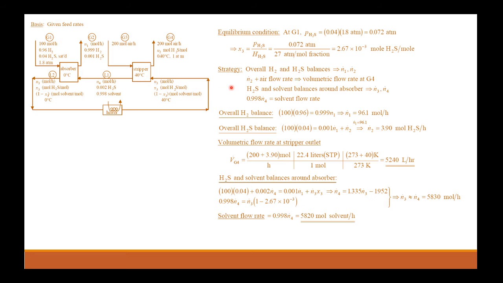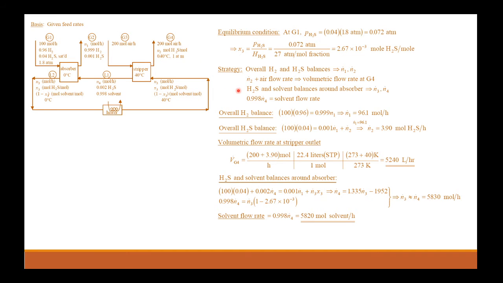Okay, so we'll start by doing the overall H2 and H2S balance to look for N1 and N2, which is the number of moles in G2 and the number of moles in G4. Next, we're going to use N2 and air flow rate to calculate the volumetric flow rate at G4.